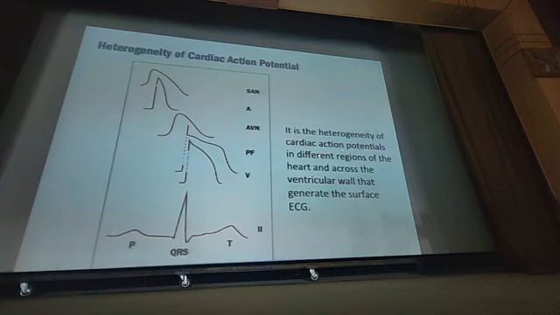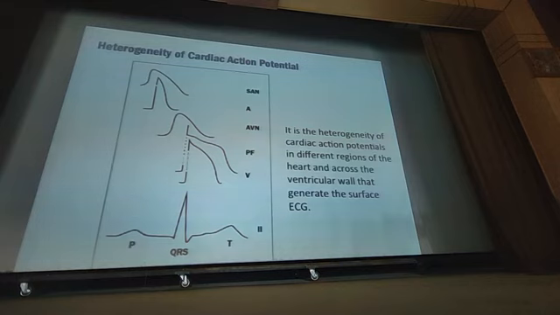Heterogeneity of the cardiac action potential in different regions of the heart and across the ventricular wall generates the surface ECG, according to different action potentials in different parts. The sinoatrial node action potential is different from that of the atria.